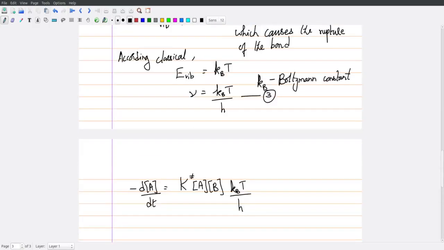Please note that this h is nothing but Planck's constant.